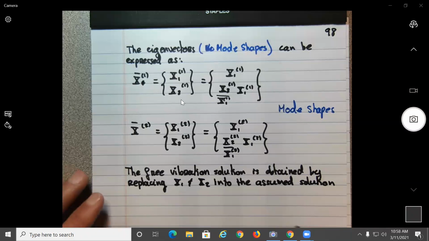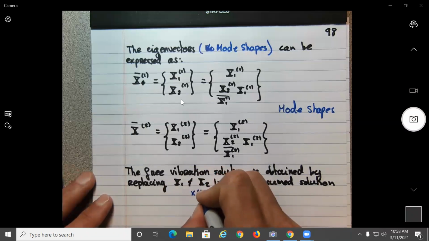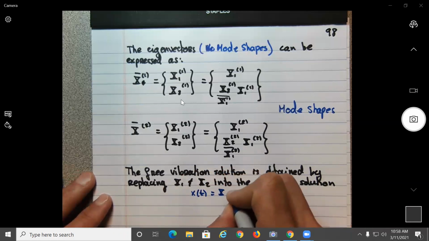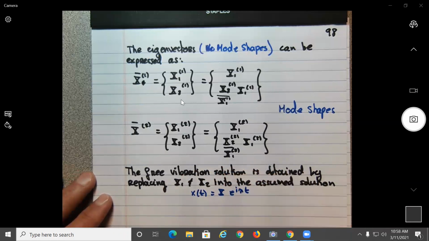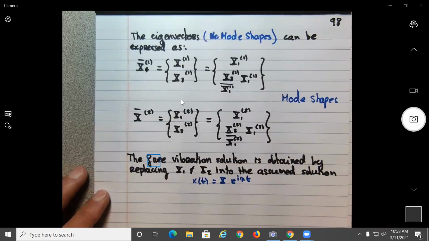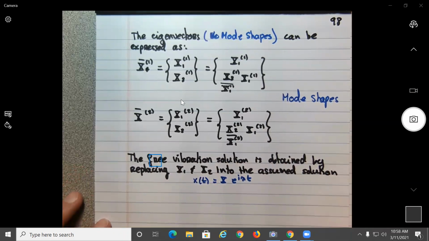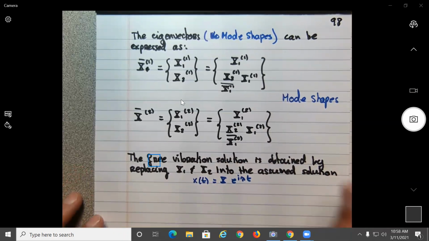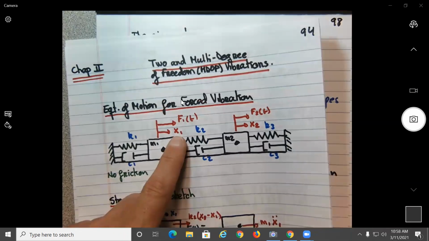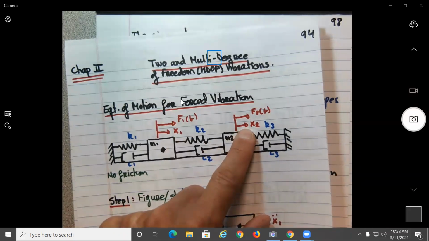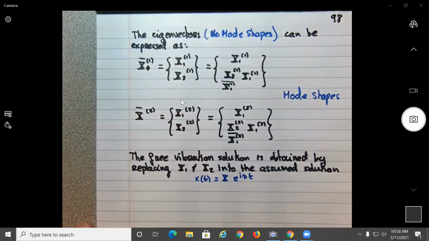So if you remember, what was the assumed solution? That was the assumed solution, no? But we did everything. So we need one solution for x1 of t, one solution for x2 of t, no?